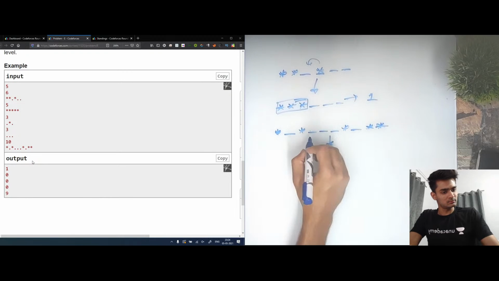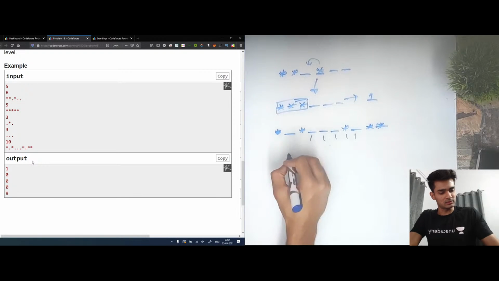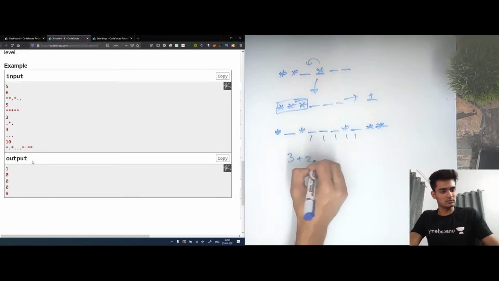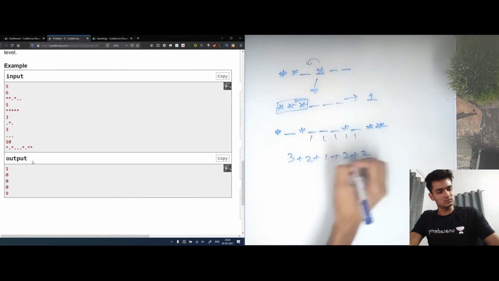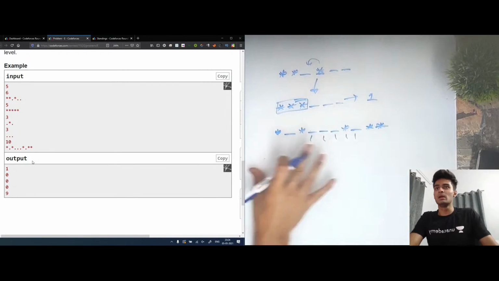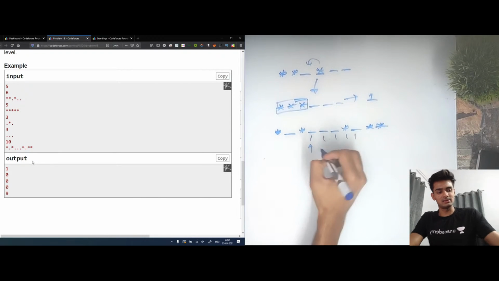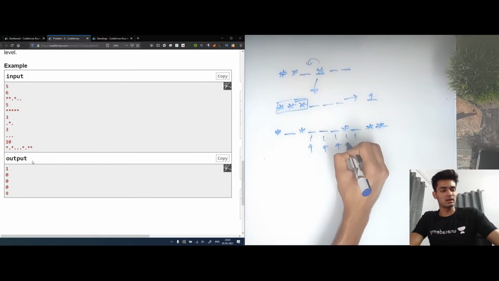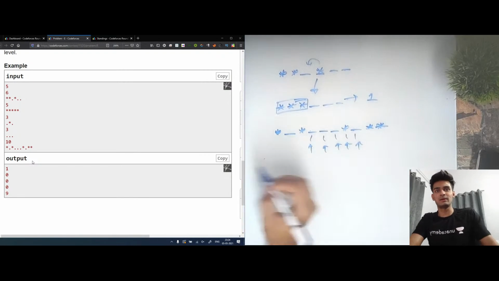I think this is the answer: 3 plus 2 plus 2, yes, correct. So the first sheep can be at this index, the second at this, third at this, fourth at this, and fifth at this. Let's see the cost that we actually get.